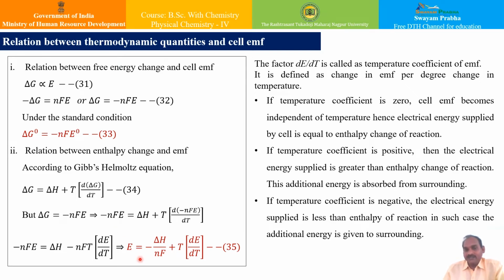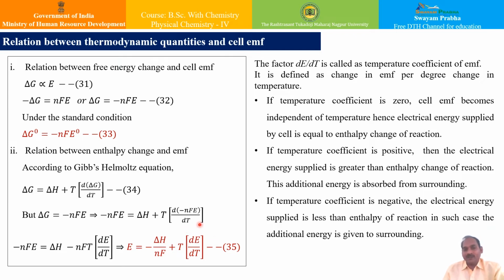Whereas if the temperature coefficient is positive, then the electrical energy supplied is greater than the enthalpy change of the reaction, and this additional energy is absorbed from the surroundings. Similarly, if this coefficient is negative, then the electrical energy supplied is less than the enthalpy of reaction. In such a case, the additional energy is given to the surroundings. This is how we can relate thermodynamic quantities with the cell EMF.